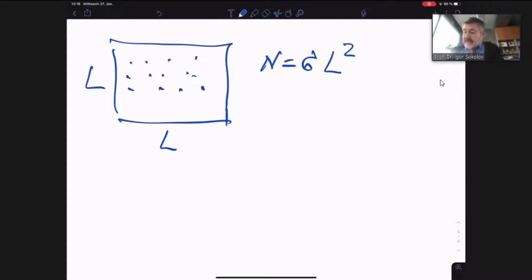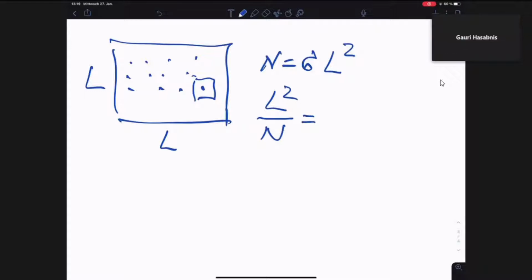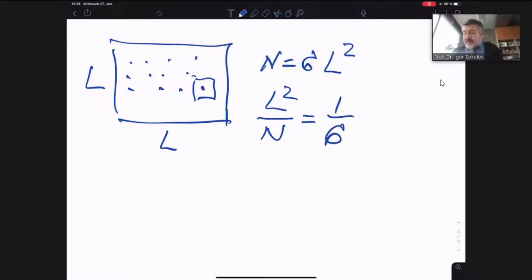Okay. Then the area per point is L squared divided by N, which is, if you look here, 1 over sigma. This is the area per point. And the typical distance between two points, let me call it L small, is then of the order of the square root of S, square root of 1 divided by square root of sigma.